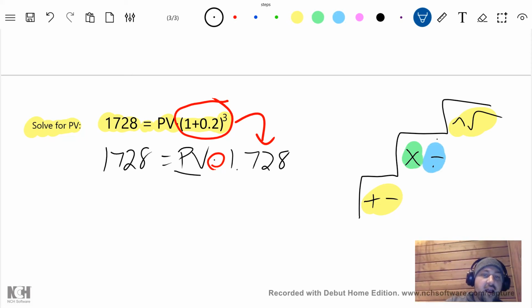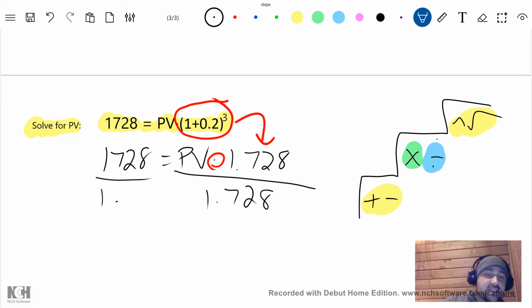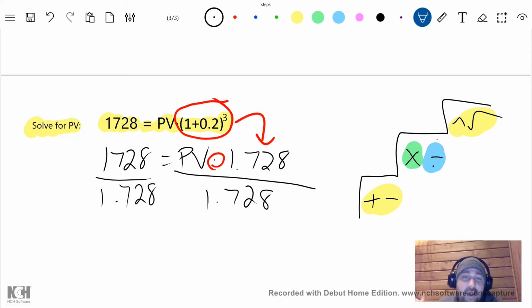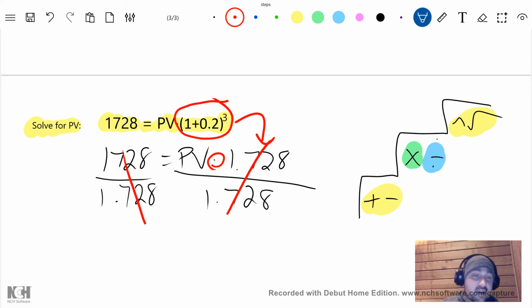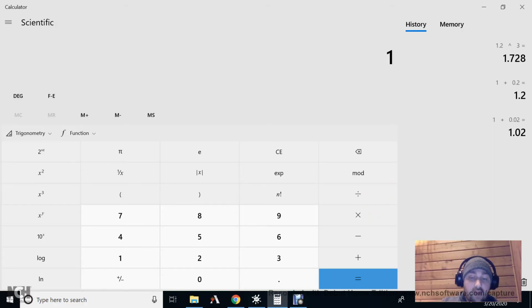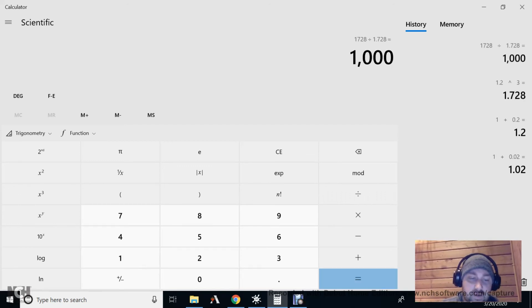So let's divide both sides by 1.728. Now you might notice 1,728 and 1.728 look pretty similar. I mean, we made this equation to not be super crazy, so give us a break. These cancel out here, that cancels out there. I know what this equals, but just to confirm, we can check: 1,728 divided by 1.728 gives us 1,000.